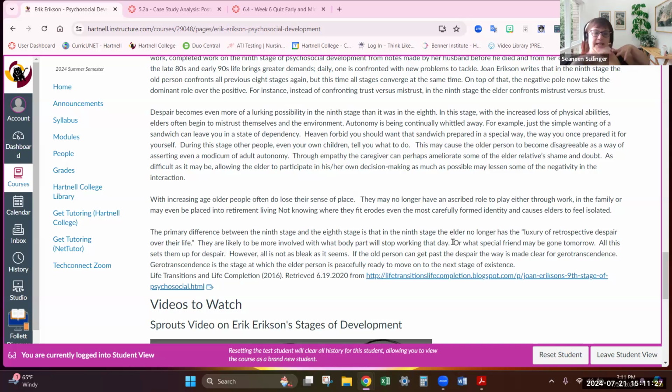But at this stage, it's actually not as bleak. I think it's actually bleaker in the eighth stage, because if you can get past that age and you're into your 80s and 90s, and you can get past that despair, they call it gerotranscendence, right? It's a stage at which the elder person is peacefully ready to move on to the next stage of existence, which would be being okay with where you are and knowing that death is coming, which would be extinction.